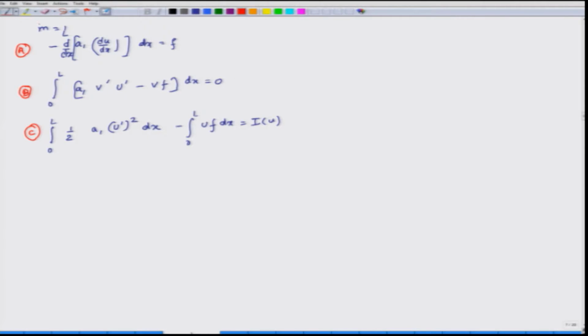So, this is for m equal to 1, and I can generalize this by writing the following relations.